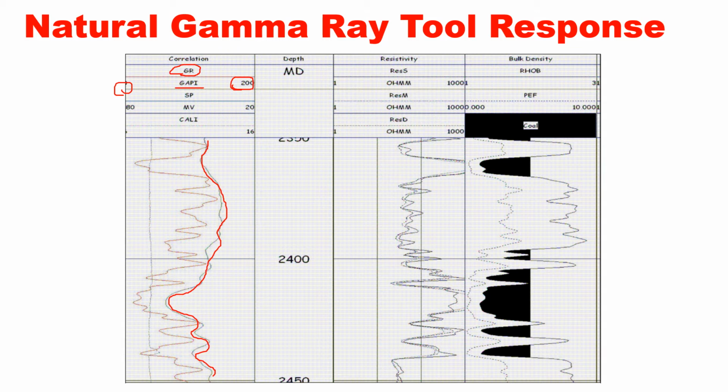Coals actually have a very low natural gamma ray response, because the minerals in them are low in clay minerals. The gamma ray response is sensitive mostly to clay minerals, but our coal matrix is an organic rock and not inorganic.